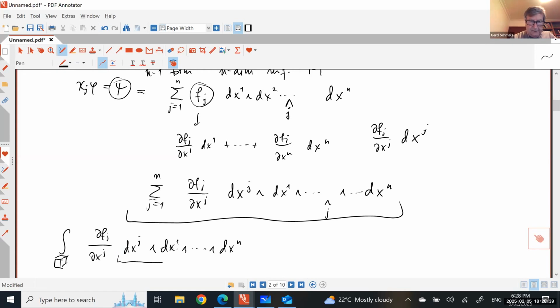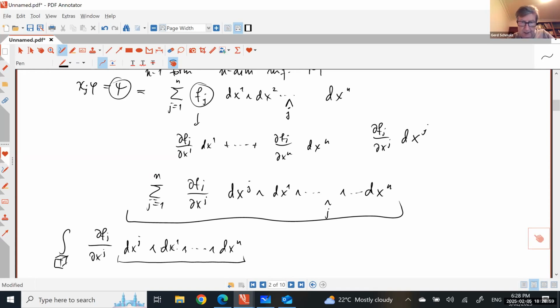If this is positive oriented, then it is just normal integration. It is normal n-fold integration, and n-fold integration can be performed as repeated integration, as we know from multivariable calculus.